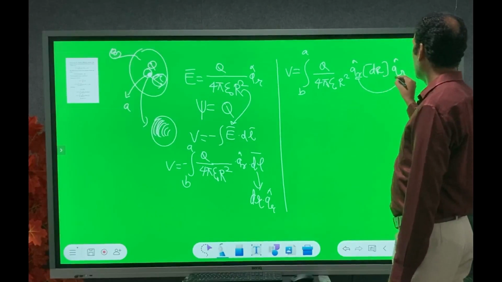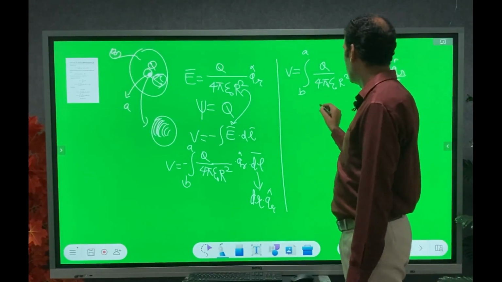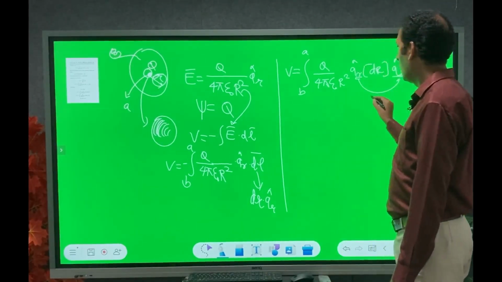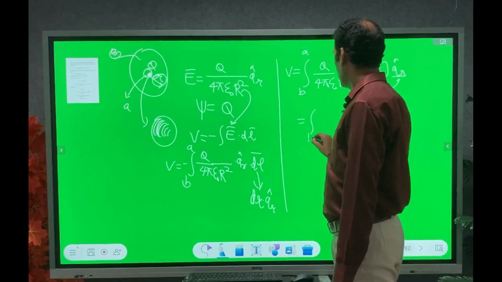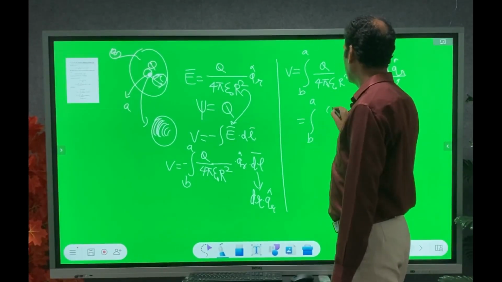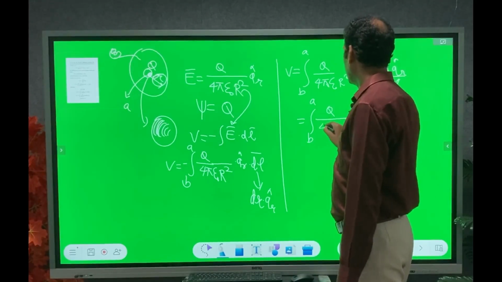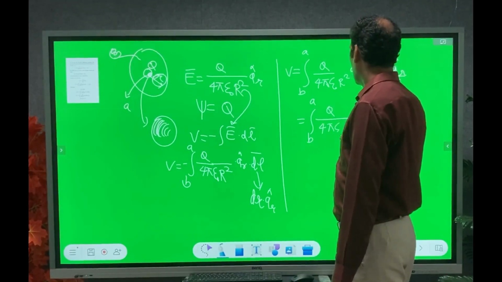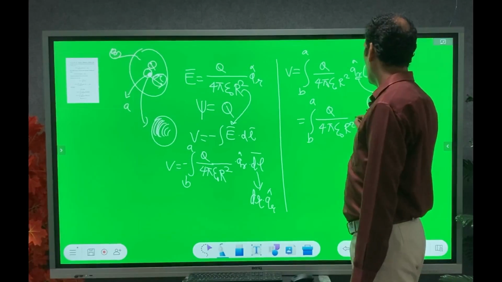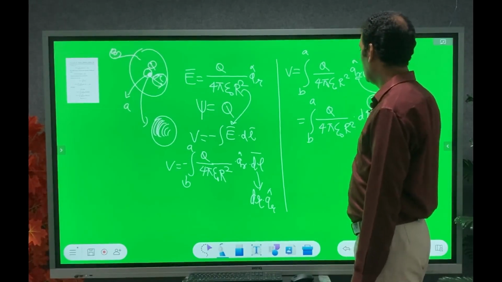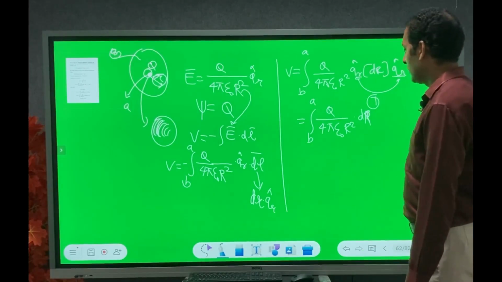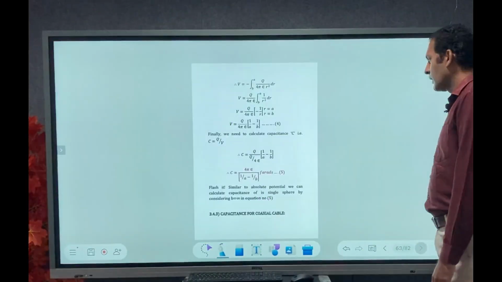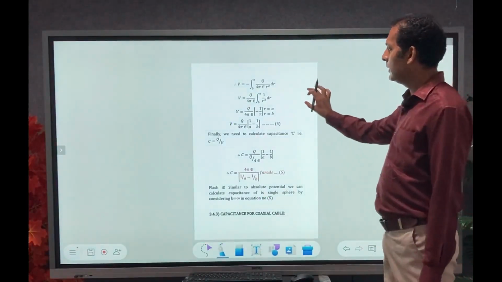This ar cap dot ar cap will become 1. So what will be the reduced expression here? V will be equal to the integral from b to a of q by 4 pi epsilon naught r square into dr. Further we will expand this.